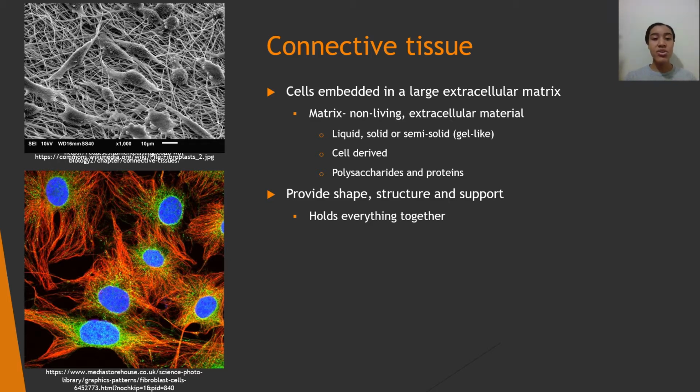This material is derived from the cells that reside within that matrix. Those cells are constantly pumping out different material, mostly polysaccharides and proteins, but some other nutrients and polymers as well, into the environment around them.